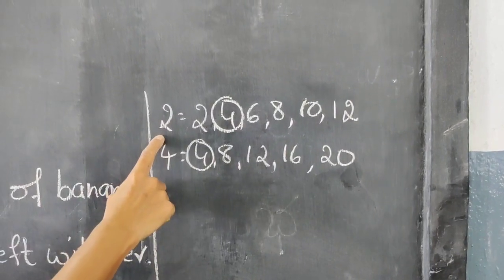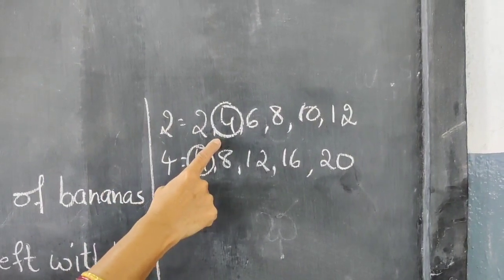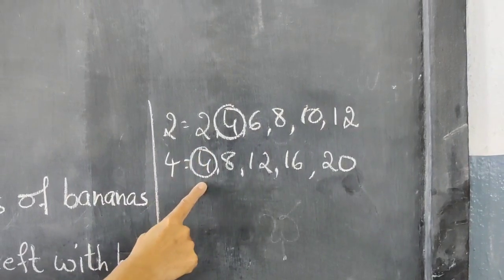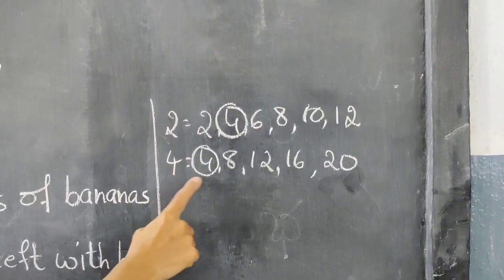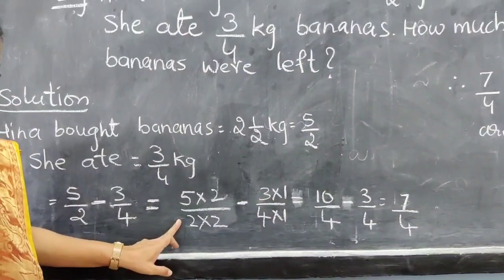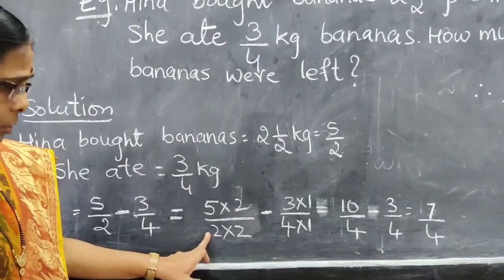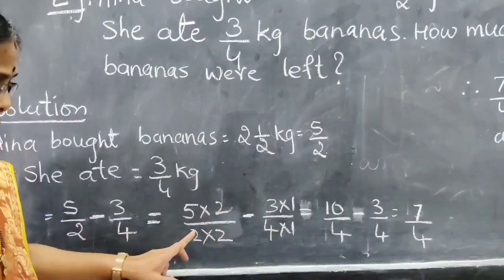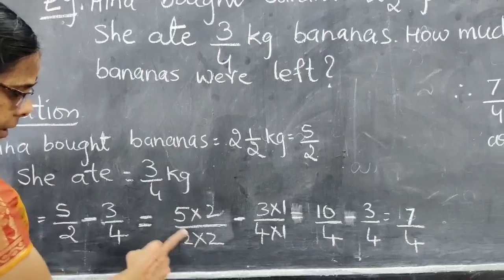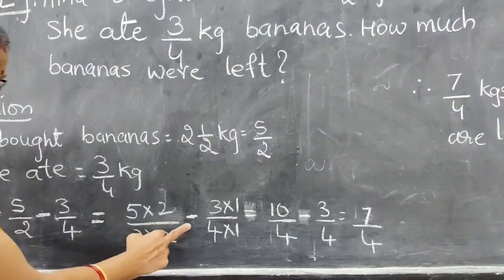So in 2 table, how many times will it go, children? 4. 2 2s are 4. And in 4 table, how many times will it go? 1 time. So 4 1s are 4. So for 5 by 2, in 2 table, 2 times it will go, no, children. So the 2 will multiply both numerator and denominator. 5 into 2, 2 into 2, minus.